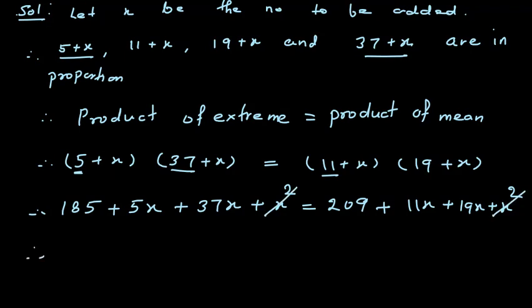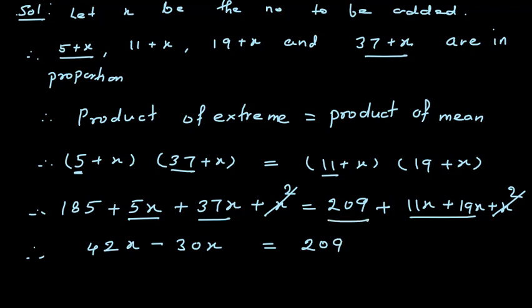So therefore now 5x plus 37x is 42x. I will bring this on left hand side, 19 plus 11 it is 30, so minus 30x is equal to, on the right hand side we have 209 and this 185 I will bring on right, it is minus 185.